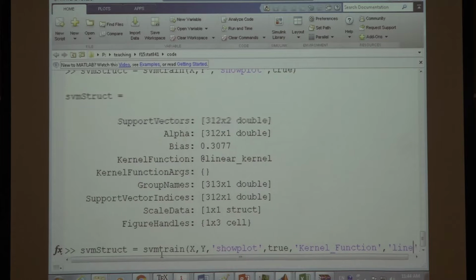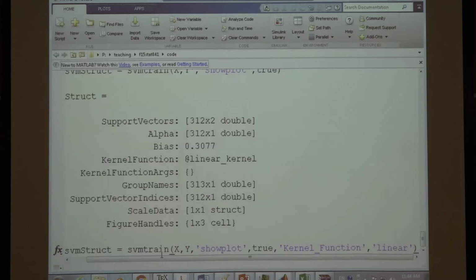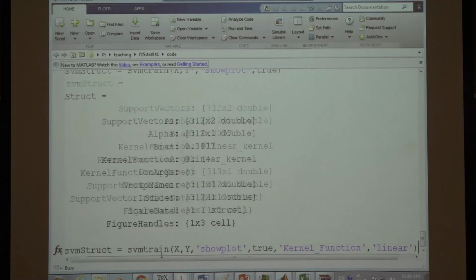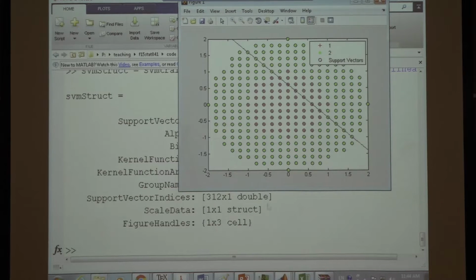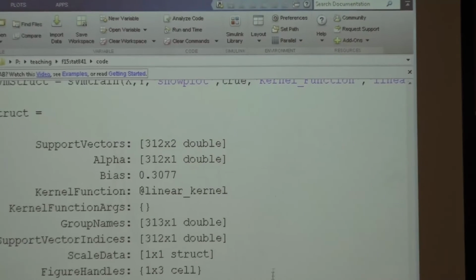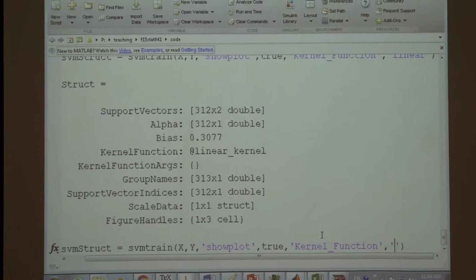A kernel function could be linear, so linear kernel function is x transpose x. So if I use linear kernel function, nothing interesting is going to happen. It's going to be linear. I mean, the result is going to be linear. See? But I can use other type of kernel, which is not linear, like RBF.